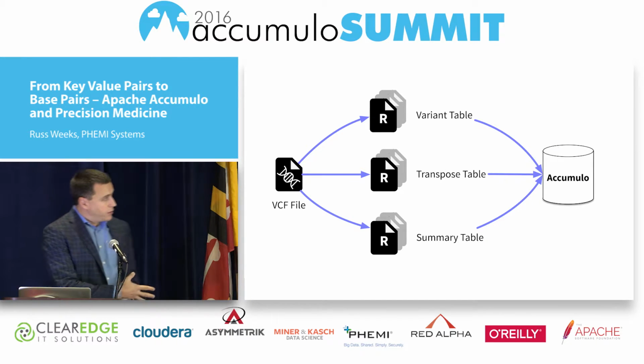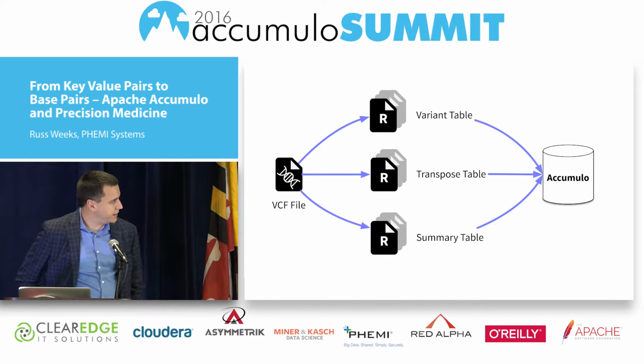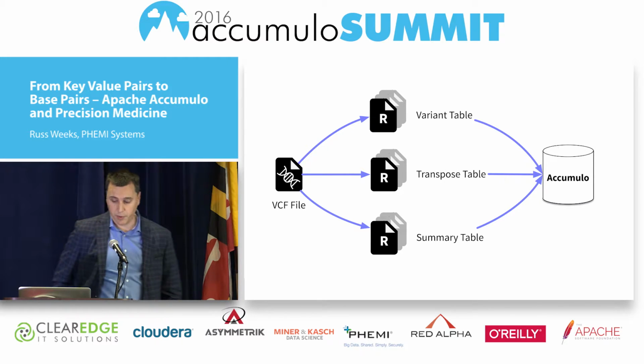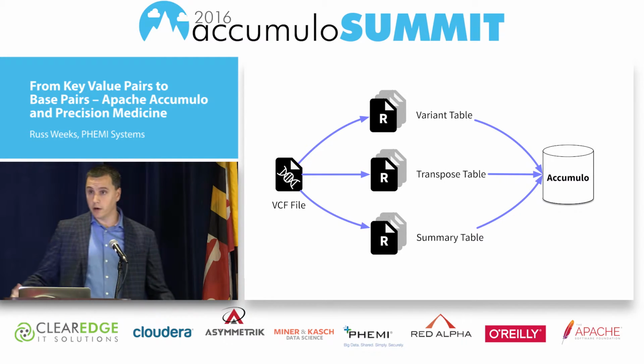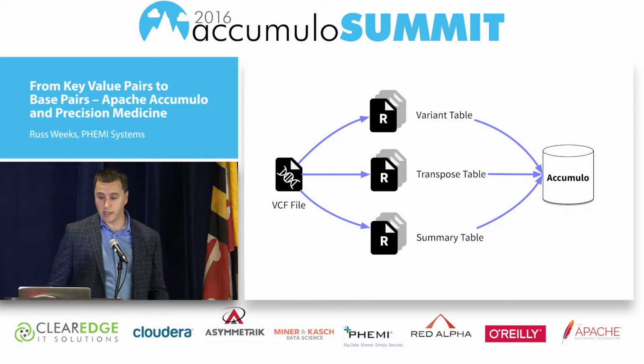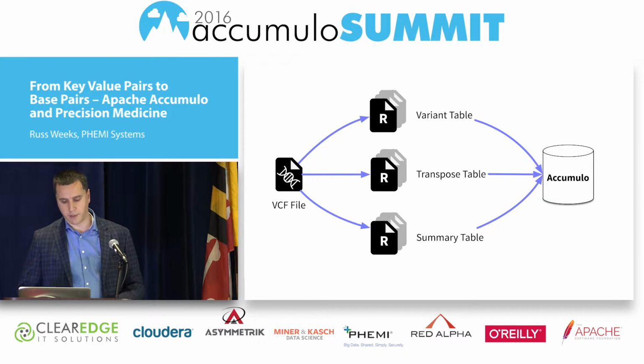So the transpose table was one killer Accumulo feature that we're going to use a lot in this data model. Another feature that it makes sense to use very extensively is bulk ingest. So we're getting our input in batches of roughly 5 million rows, or roughly 90 million key value pairs at a time. And there's no need for us to fire mutations at a tablet server as fast as we can.